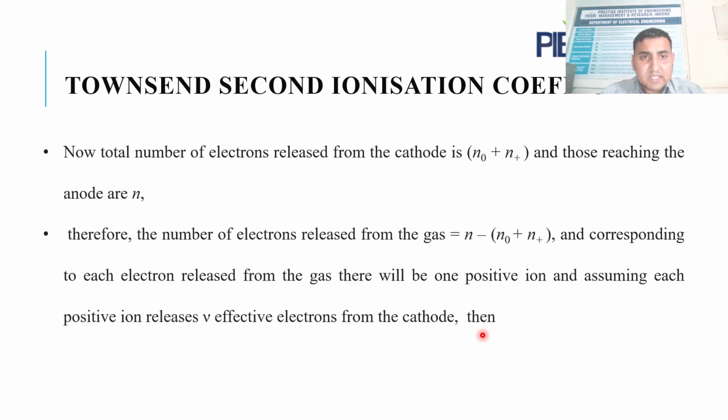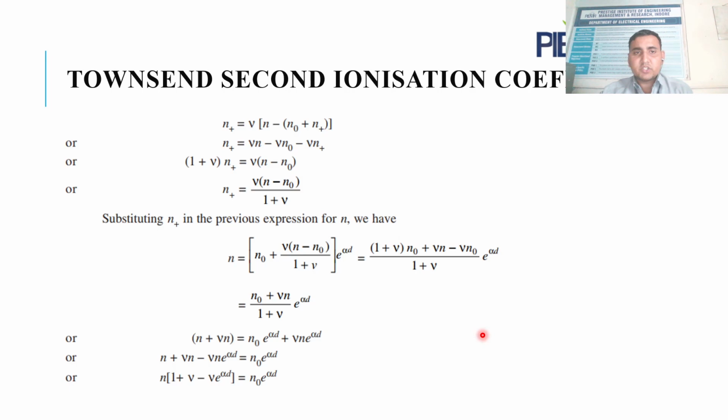So the number of electrons released from the gas is n minus n0 plus n plus. The total number of electrons released from the gas is small, given by n minus n0 plus n plus. Corresponding to this, gamma is our second ionization coefficient.